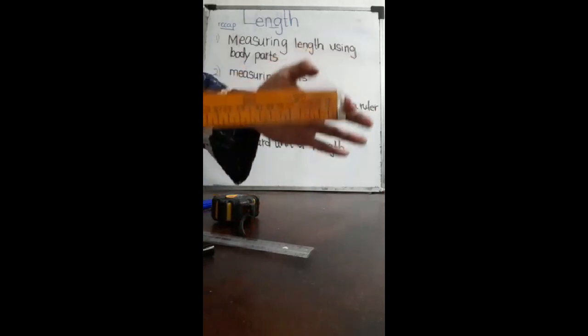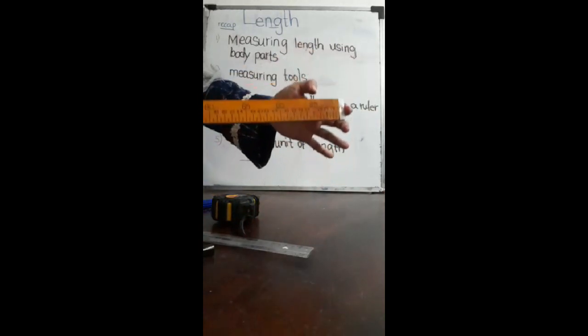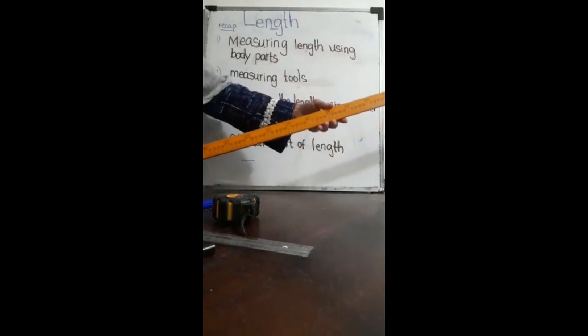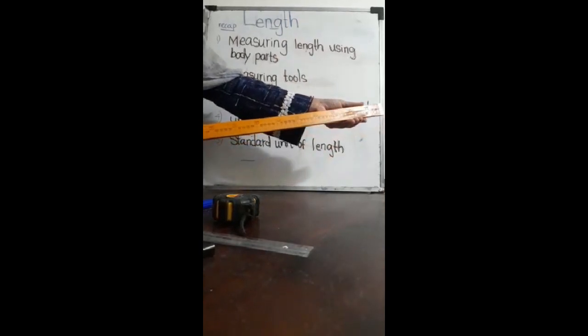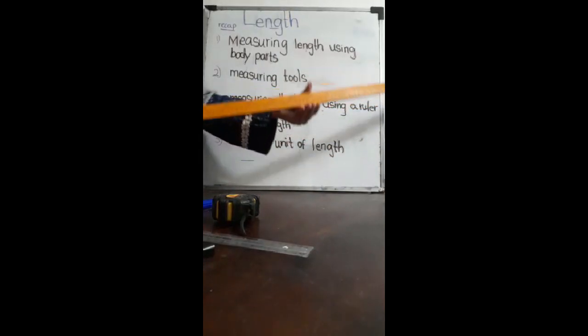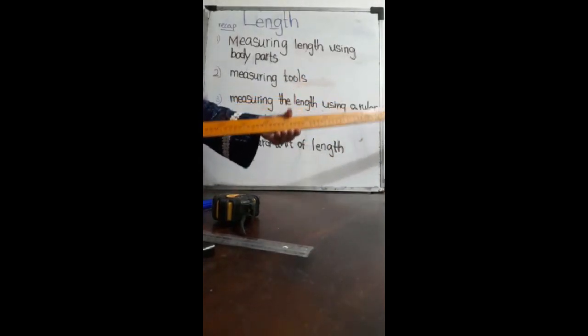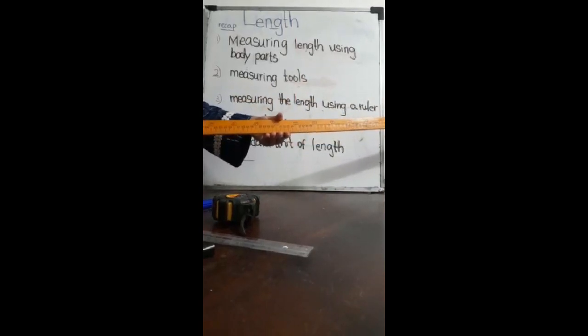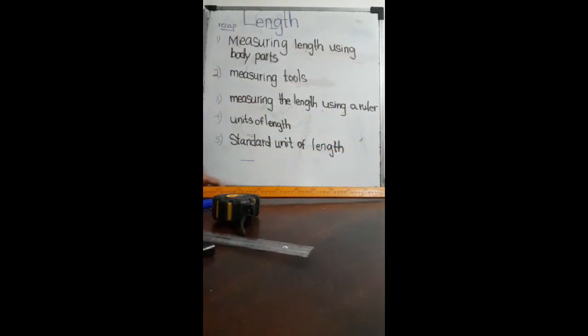There are 100 centimeters in a meter rod. How long is it? My God. What can we measure using this meter rod? We can measure the length of the classroom, height of the classroom, and so on.